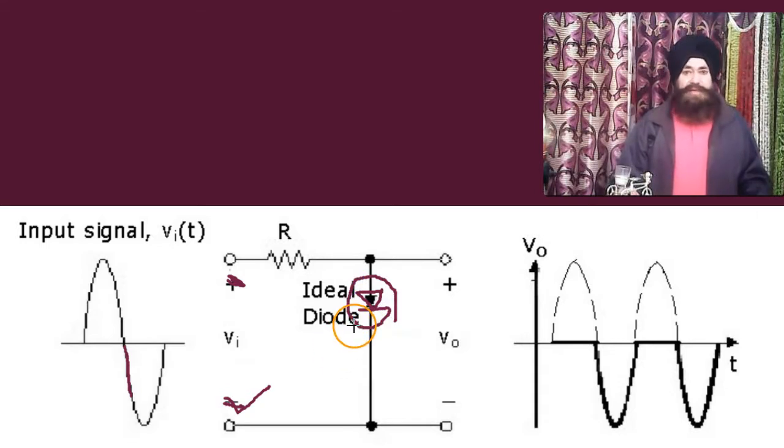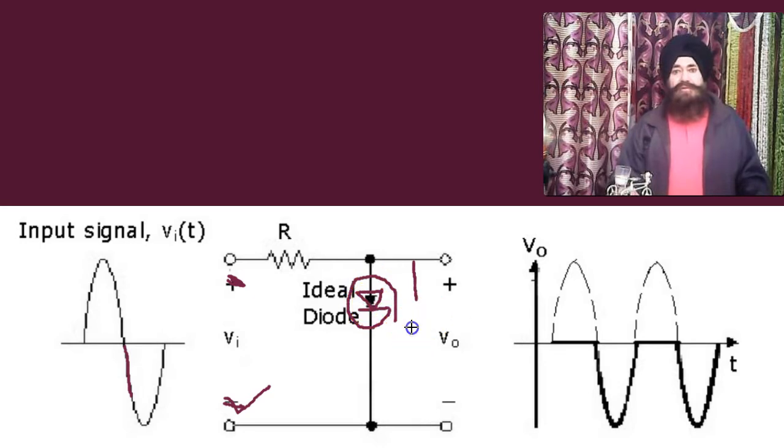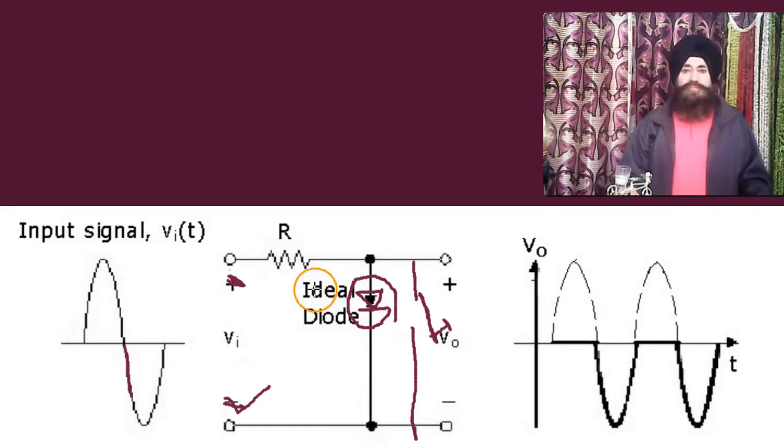And the diode is ideal. Reverse biasing of the ideal diode means infinite resistance, meaning that this diode will act like an open switch. This is a switch, and now it is open. Open means no current can flow.